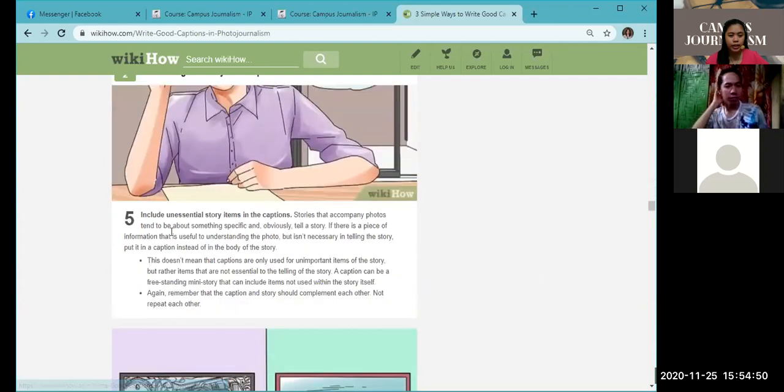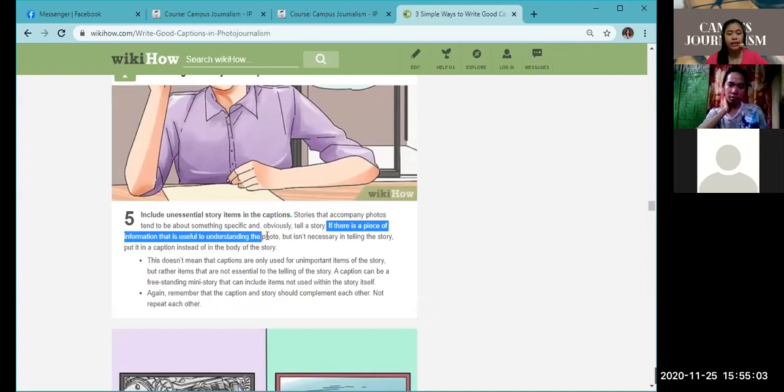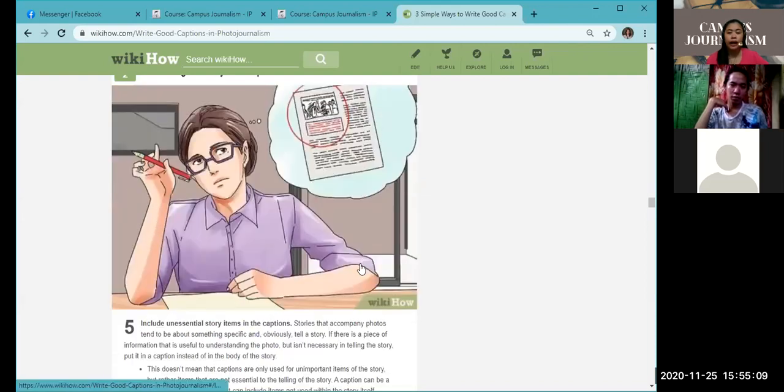Okay, and then include unessential story items in the caption. So stories that accompany photos tend to be about something specific and obviously tell a story. So if there is a piece of information that is useful to understanding the photo but isn't in telling the story, put it in the caption instead of the body of the story. For example, have you noticed the last picture in the last lecture katong black and white nga naghilak nga gilubong?